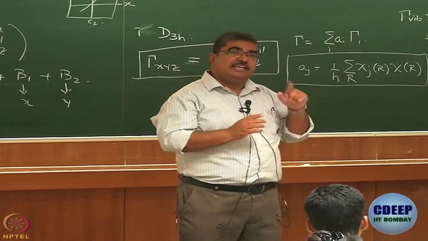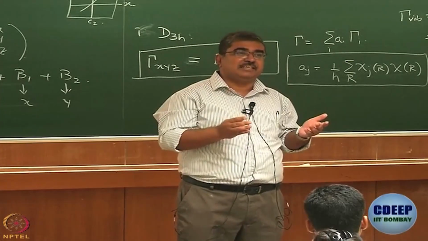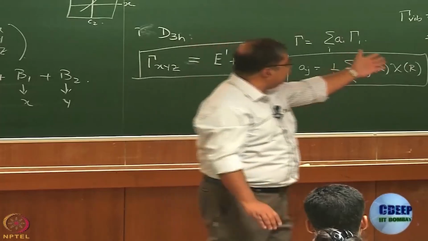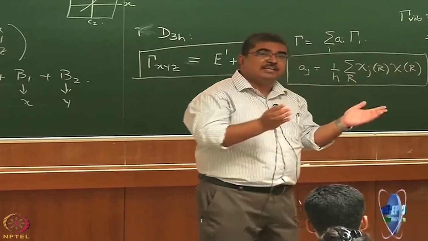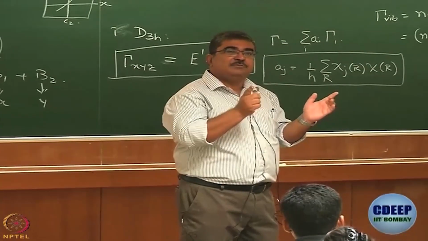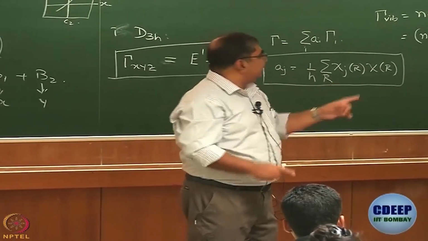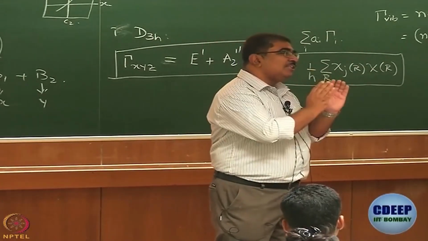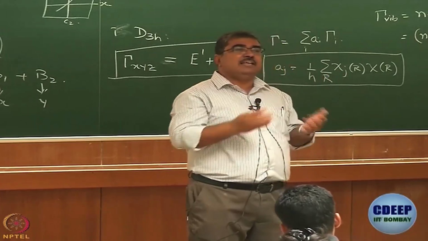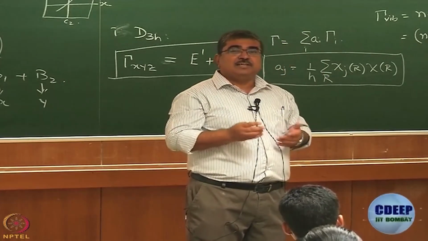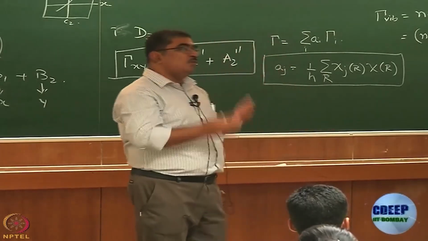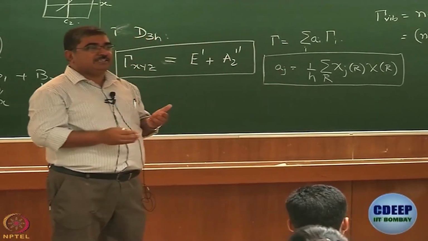So, when you have E dash, that is a 2-dimensional representation. Each E dash stands for 2 coordinates. That is what you see in the character table. See X, Y together, that is 2 coordinates, isn't it? X, Y together is not 1 coordinate. X is 1 coordinate, Y is 1 coordinate. Similarly, x square minus y square is one, xy is another. Together they transform, that is why it is a two-dimensional representation. So, each E dash actually contains two coordinates of vibration.